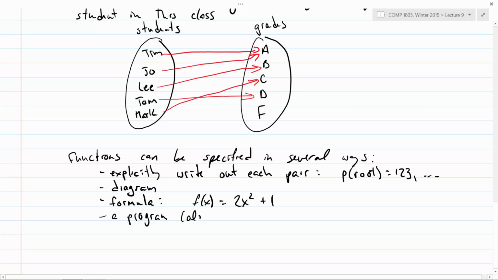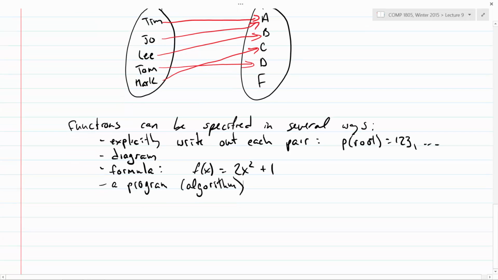or an algorithm, if you like. And we don't really talk about that in this course so much. We'll cover it a little bit, but mostly that gets deferred until subsequent courses. The idea is if you want to describe a function, one way to do it is to write a program that computes the function, and whatever input you give the program, whatever output that produces is the value that corresponds to it.